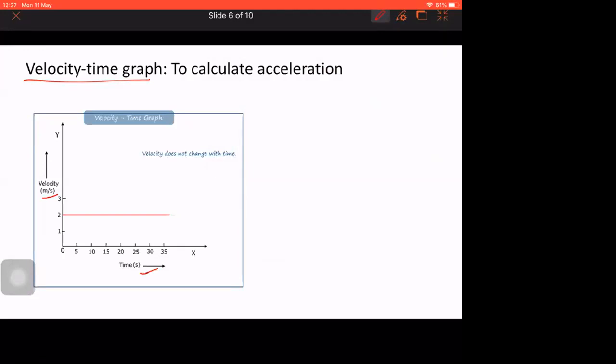But in the velocity time graph, when I know velocity and time, what else can I calculate? Speed? No, speed is nothing but velocity here, right? Displacement, ma'am. Very good. When you know velocity and time, why can't you calculate distance or displacement?